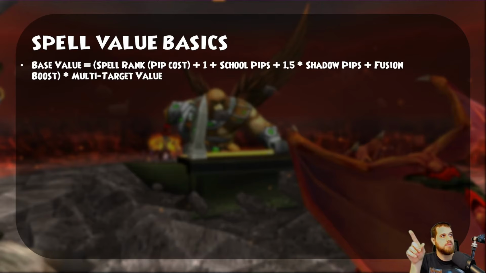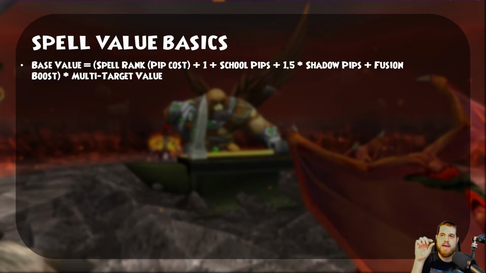That +1 is probably important to point out at this time. +1 is what we give the value of an action. So you can imagine every spell you cast is at least worth 1 pip. So that's why 0 pip spells don't do nothing, they do something. If it wasn't +1, then like I said, a 0 pip spell wouldn't do anything.